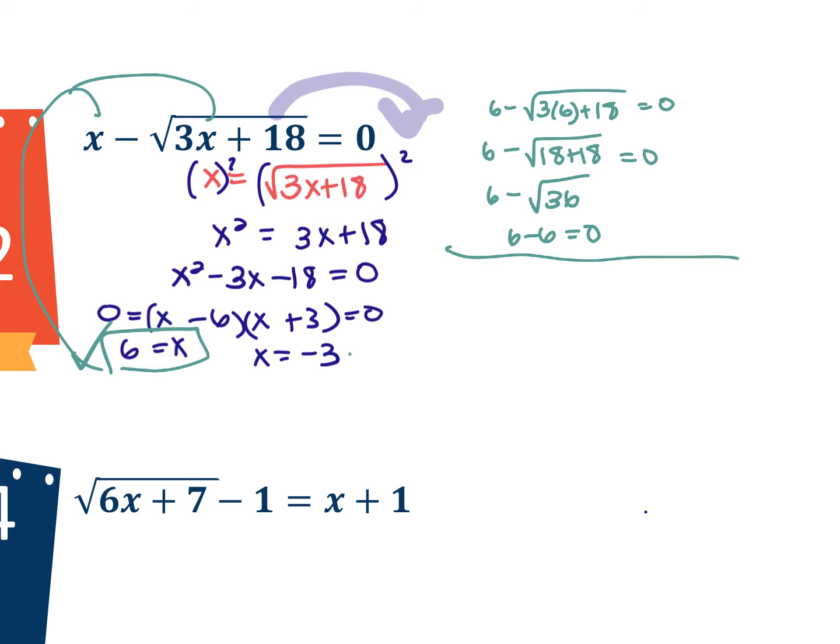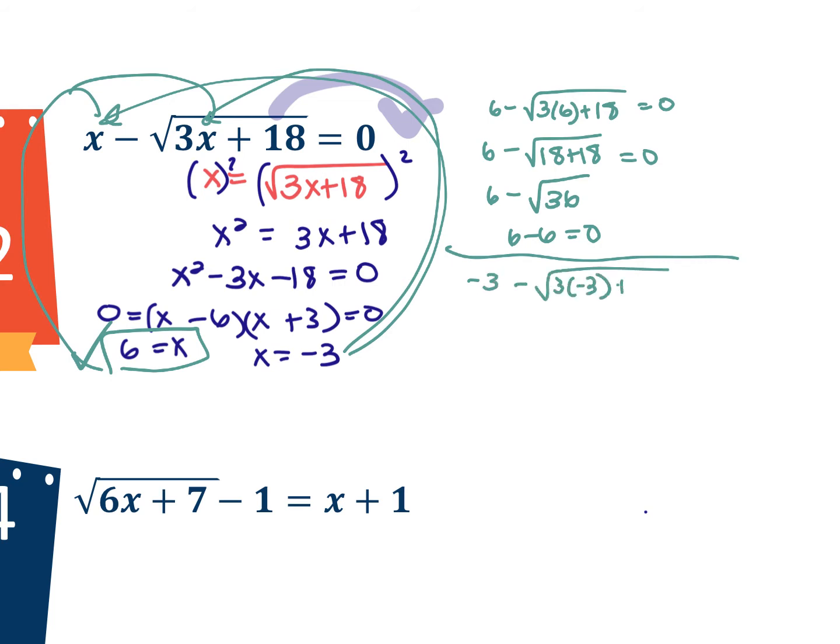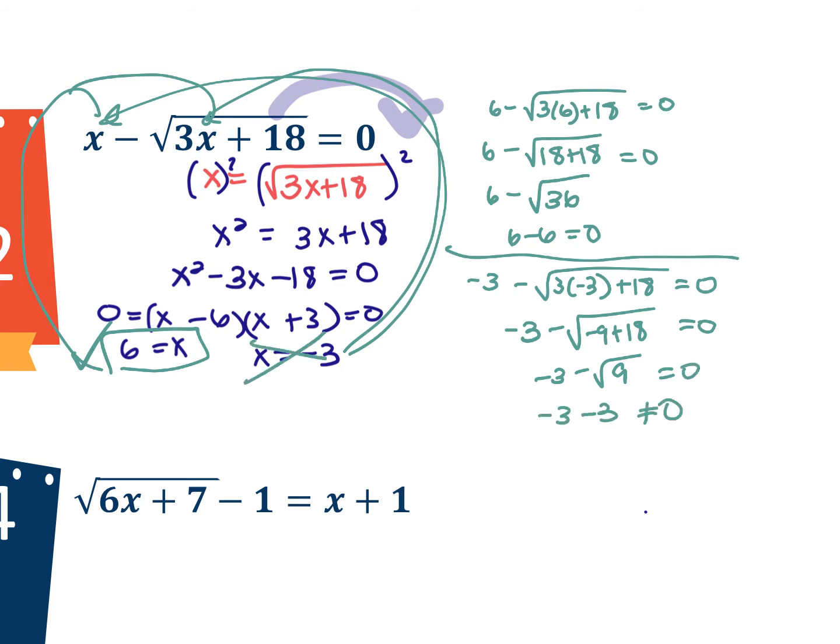And now I check the -3. -3 minus the square root of 3 times -3 plus 18 equals 0. -3 minus the square root of -9 plus 18. -3 minus the square root of 9. -3 minus 3 does not equal 0. So that's an extraneous root, and the only one you keep is the 6.